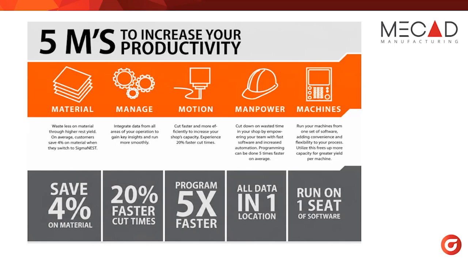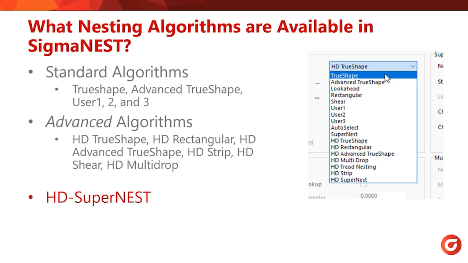So what nesting algorithms are available within SigmaNEST? We originally started with our standard nesting algorithms, which are still used successfully by many of our customers today. As technology evolved, though, we introduced our advanced nesting engines. These engines maintain fast processing speeds while delivering improved material utilization.